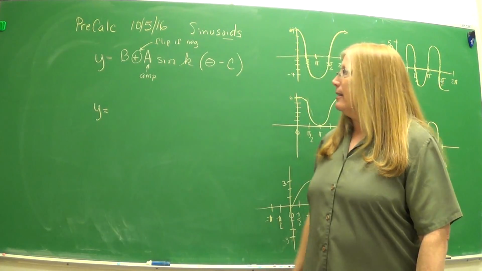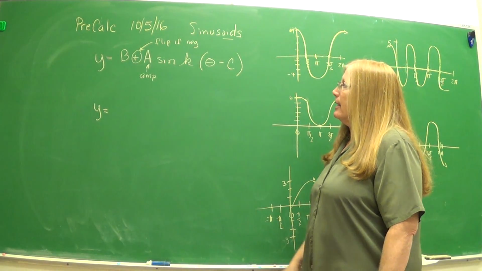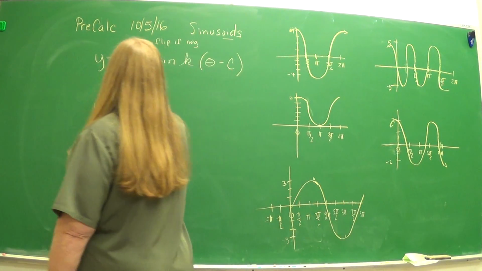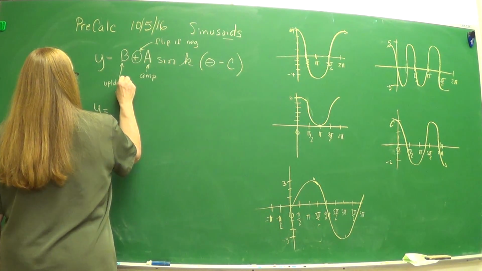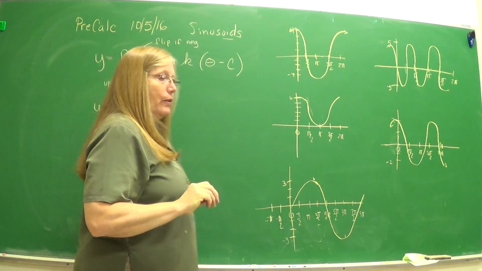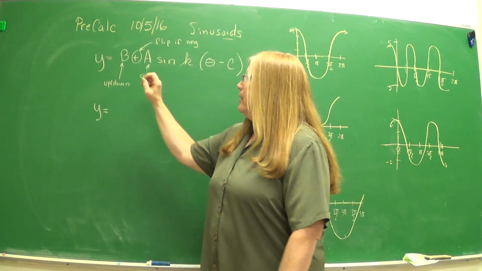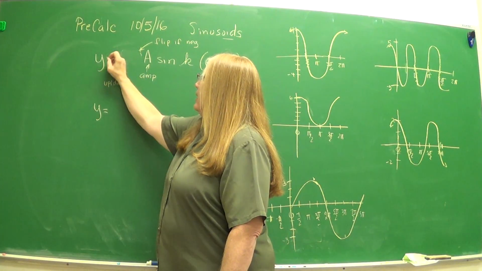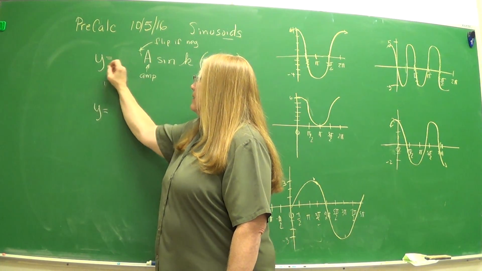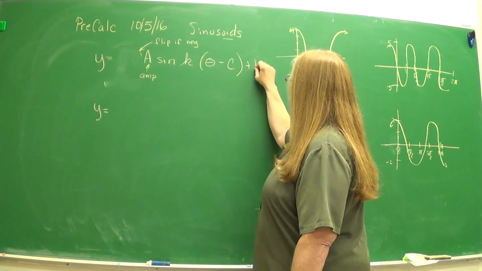All right. So the next thing is our B. So B is how far up and down we move the curve. And don't let it trick you. This B sometimes can be situated on the other side.